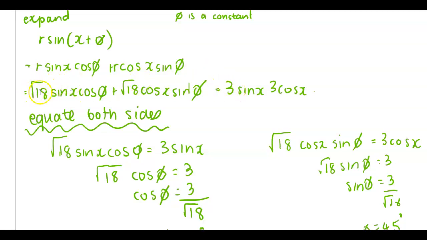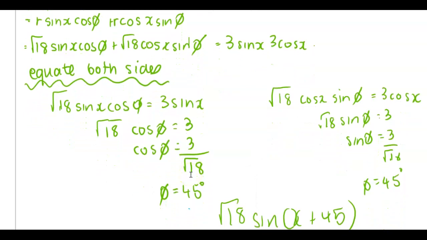So, I'm going to write this term down here: root 18 sine of x cos of theta is equal to 3 sine of x. In doing that, I'm basically equating the coefficients. I'm removing the sine x's from both sides, and I'm going to get root 18 cos of theta is equal to 3. And I'm going to end up dividing by the root 18, inversing my cos, and I get theta is 45, which is what we got before, yes.